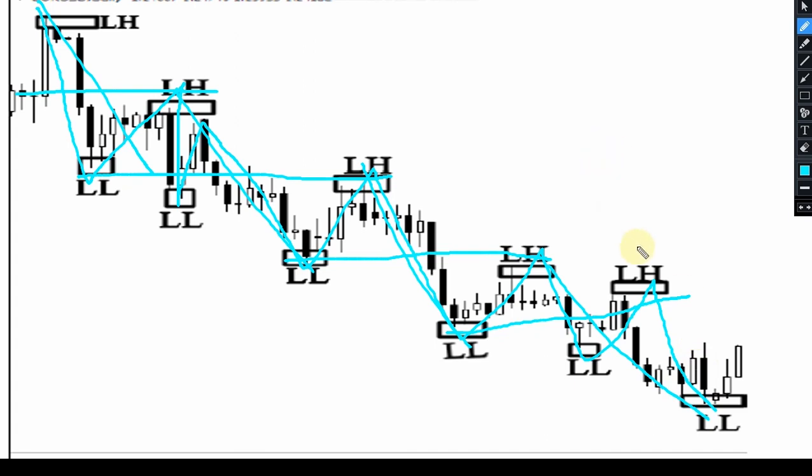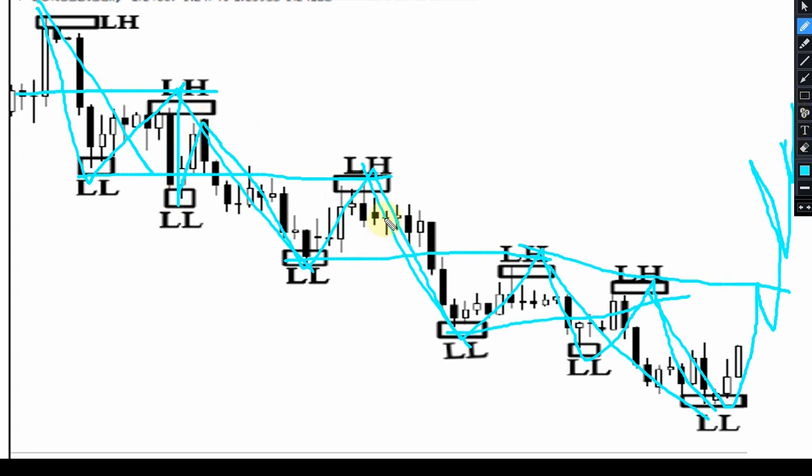Okay, so if this trend wants to change, what happens as the market comes down here? It will retest, break above, retest. This high that has been broken above is a confirmation of an uptrend, that the trend has changed. So we now start looking out for buys.